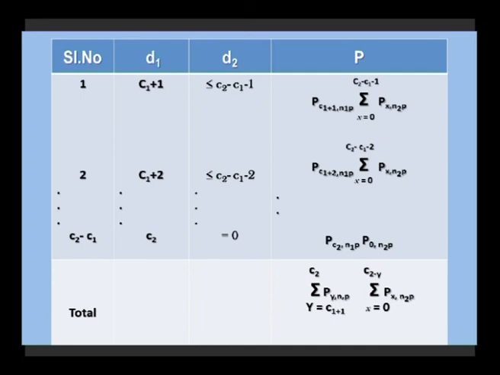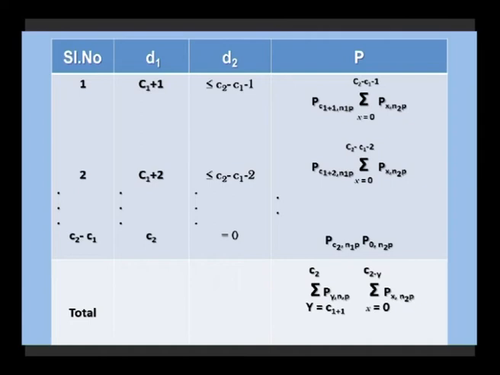First case, the first sample has a number of defectives c1 plus 1. Then in the second sample, if the number of defectives is c2 minus c1 minus 1, then the number of defectives in the combined sample is less than or equal to c2, hence we accept the lot.